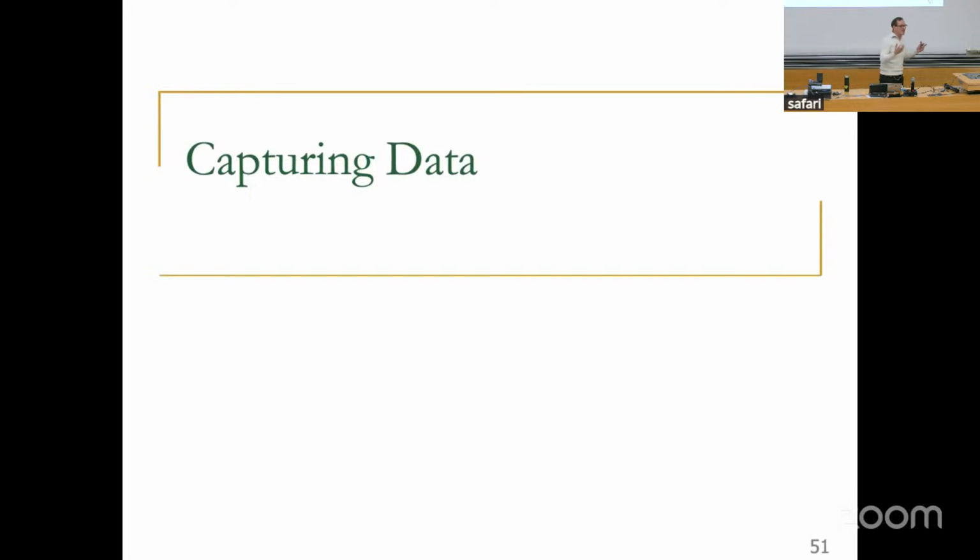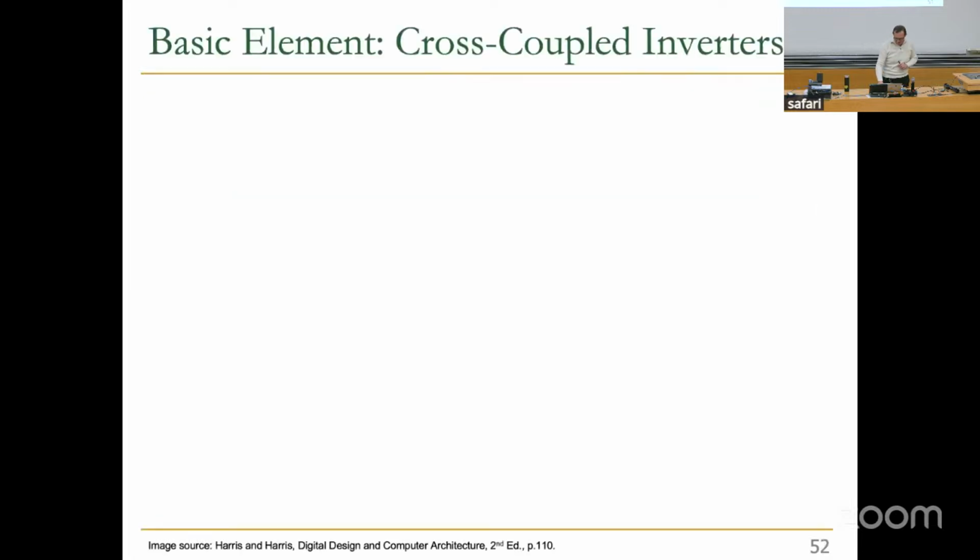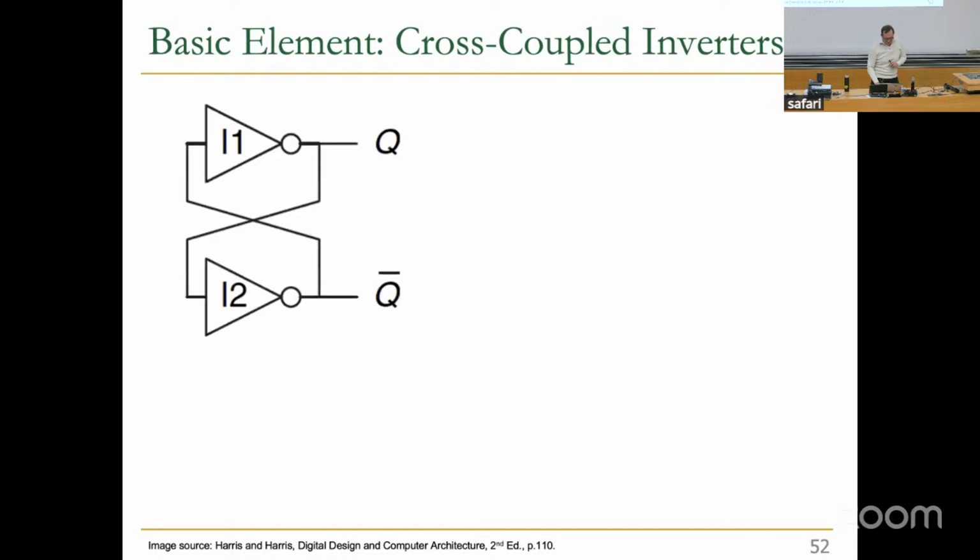If you have done your readings, I'll show you something slightly different. There are parts in Harris and Harris that I don't quite agree with, in their SR latch. So you should take a look at my explanation, and also Harris and Harris's explanation. But we're going to start with something basic, cross-coupled inverters. It looks like this. This is combinational logic.